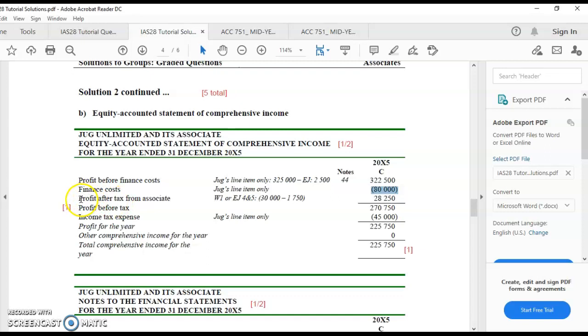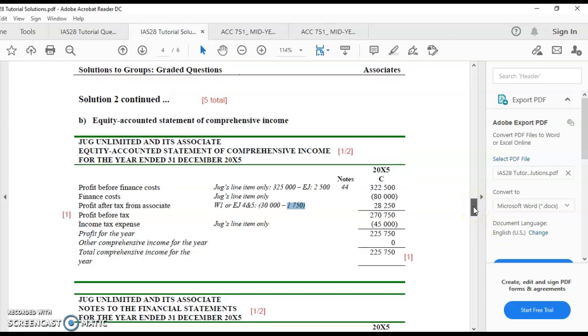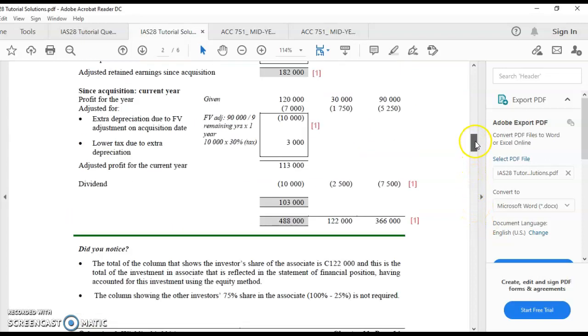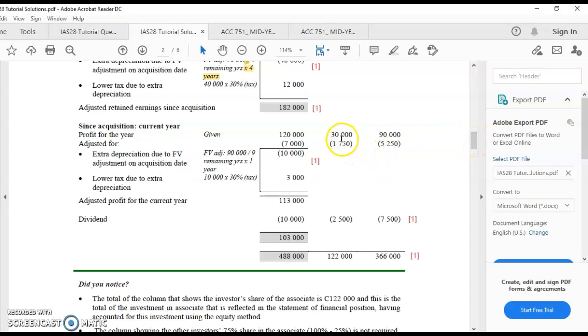After you've done this, then you add the profit after tax of the associates. So how do we get that? You take our portion of the profits, which was 30,000, and then you adjust for the correction of the adjustment of 1,750. Or you can go to your AOE, that's 30,000 less the 1,750.